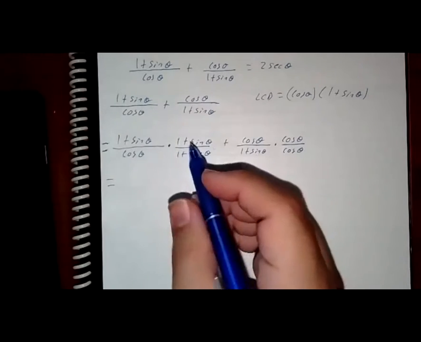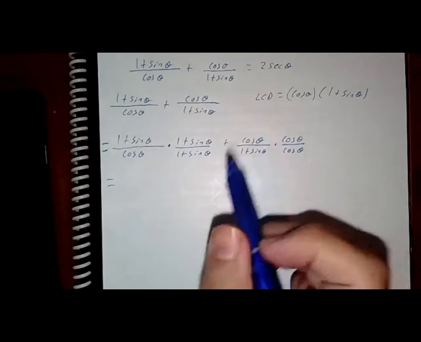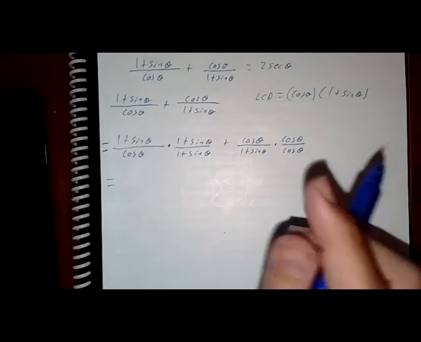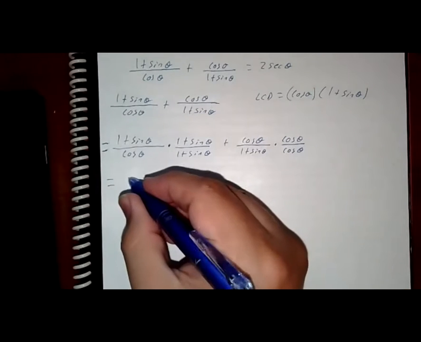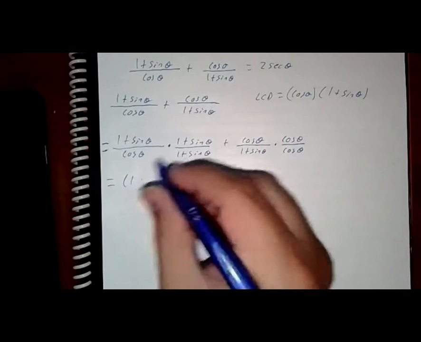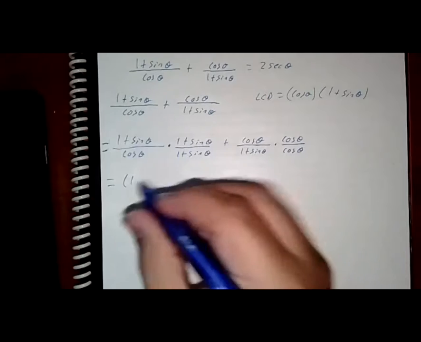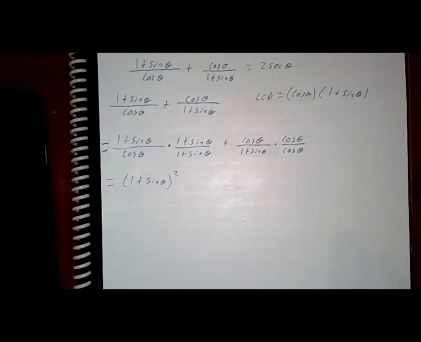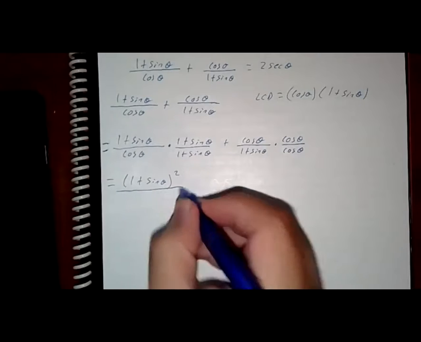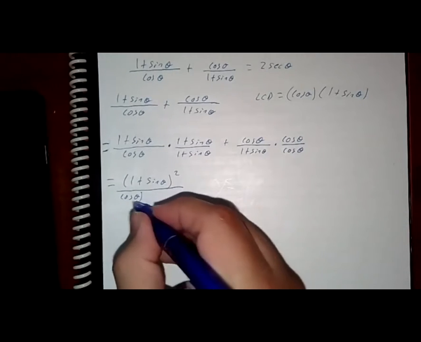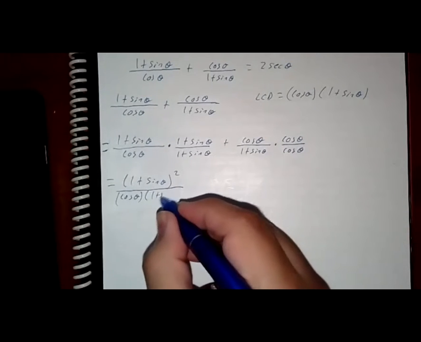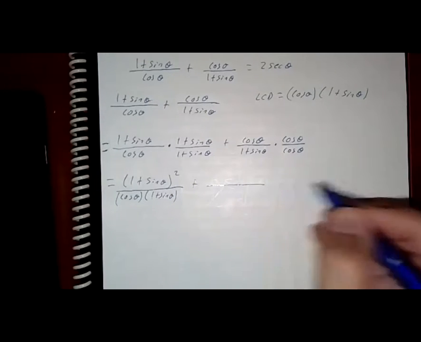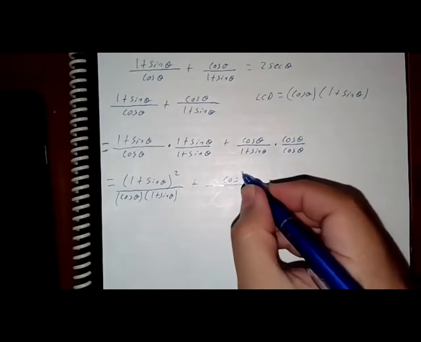All right, so let's go ahead and multiply. Well, we're not going to multiply the bottom. We're just going to leave it as is because we're hoping something will cancel. So let's go ahead and get them together. 1 plus sine times 1 plus sine, just to keep it simple for now, is 1 plus sine squared. The denominator is now ready: cosine theta times 1 plus sine theta, plus cosine squared, right?